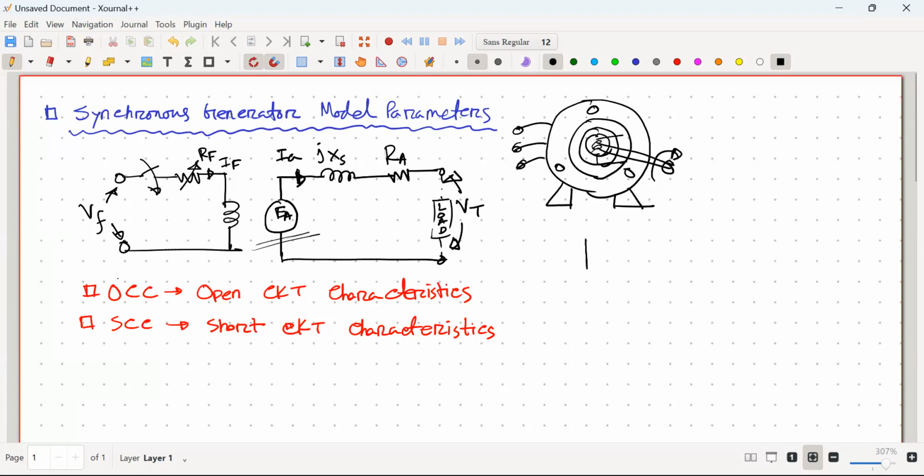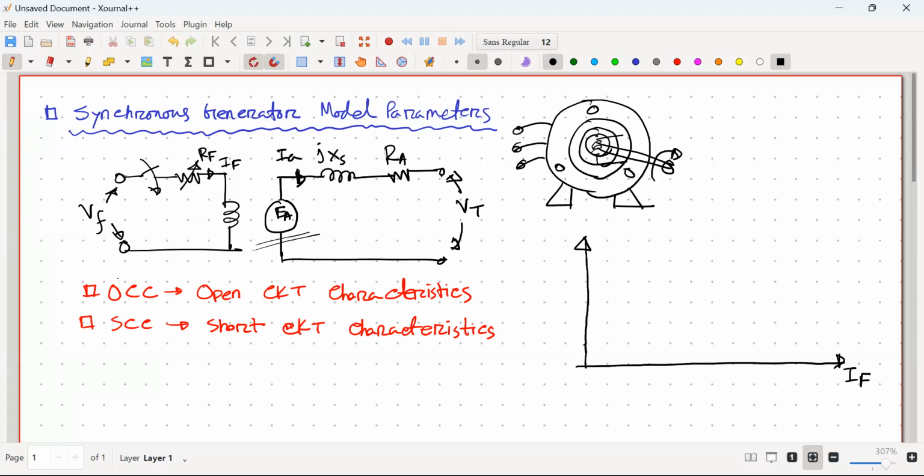If I draw the curve of this field current versus this terminal voltage without connecting any load, suppose I am not connecting any load.